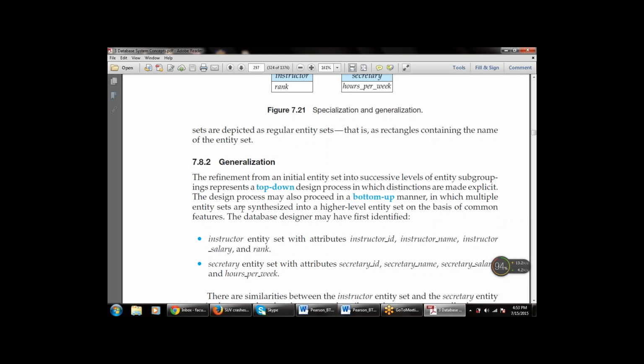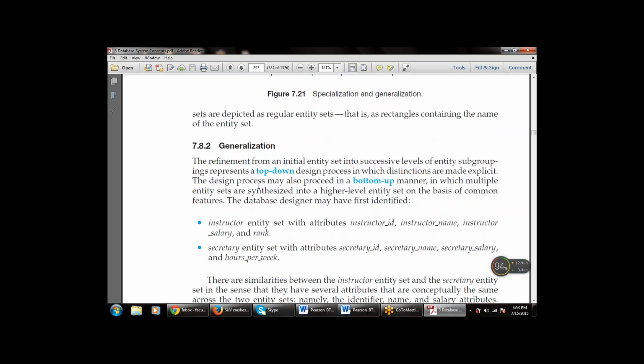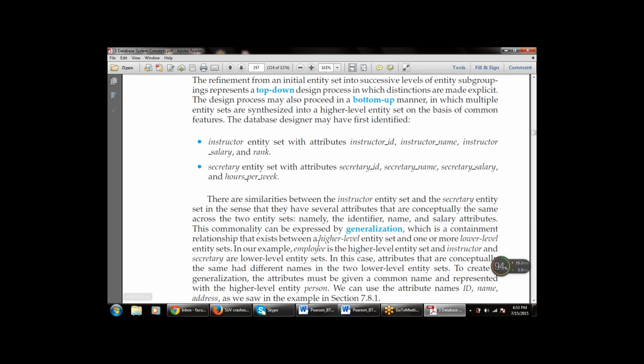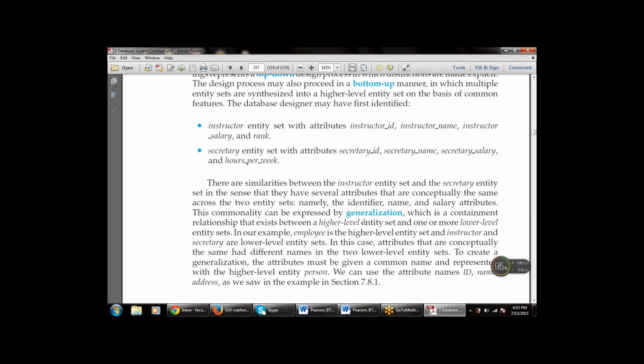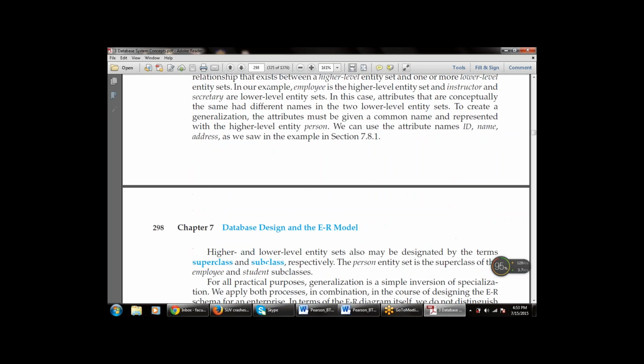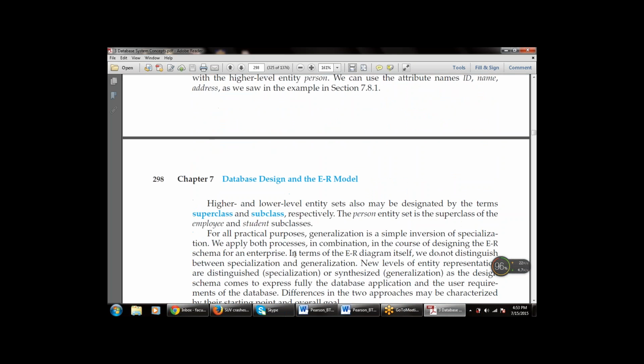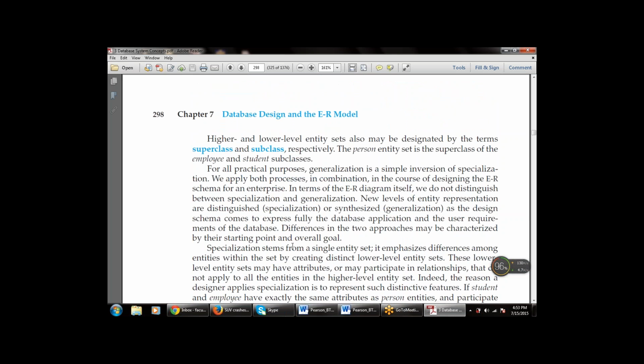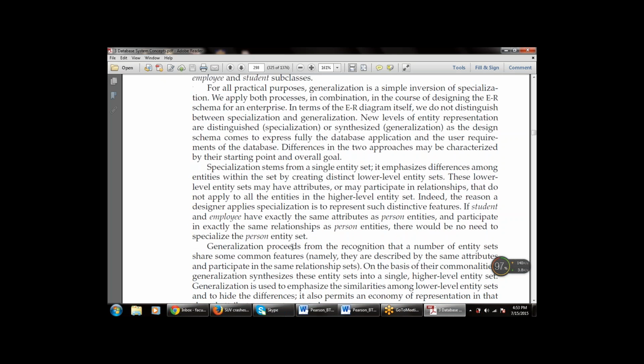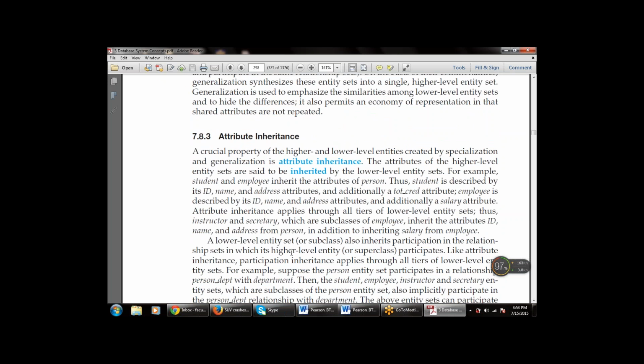There are similarities among the instructor entity set and the secretary entity set. This commonality is represented by the generalization. High- and low-level entity sets may also be designated by the terms superclass and subclass.